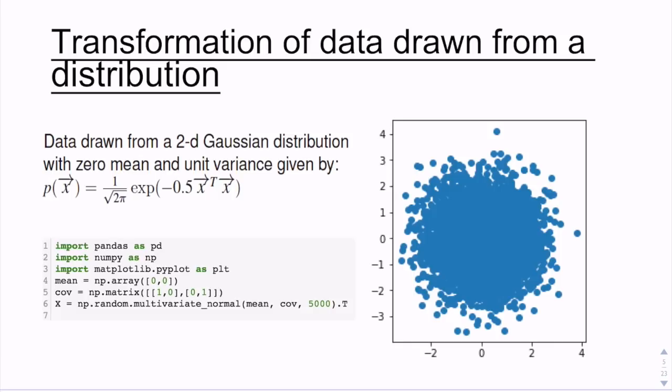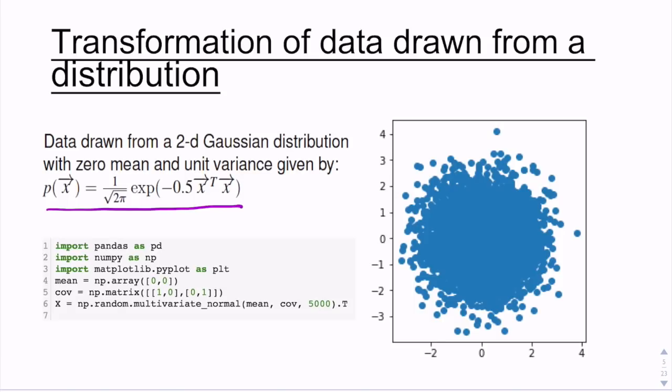This scatter plot I showed in here is 5,000 samples drawn from a normal distribution with zero mean and unit variance. So this is a normal distribution, or a Gaussian distribution, with mean 0 and covariance matrix of identity. So the covariance matrix for this one is identity.